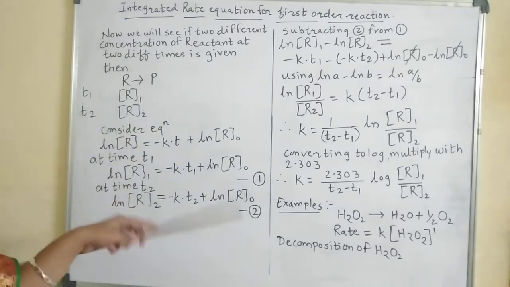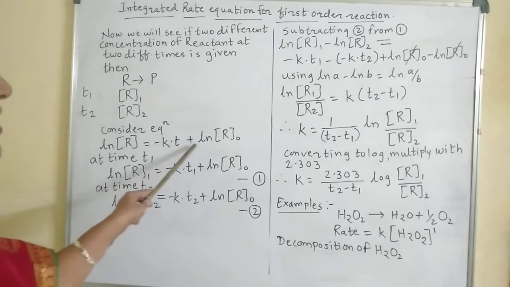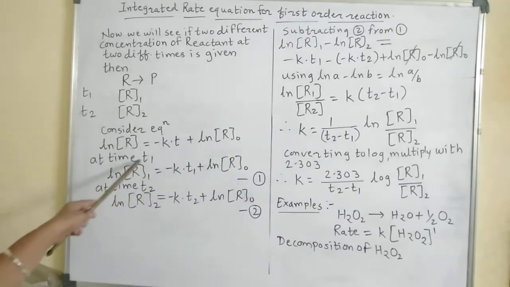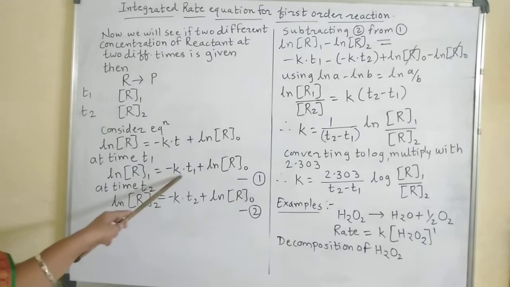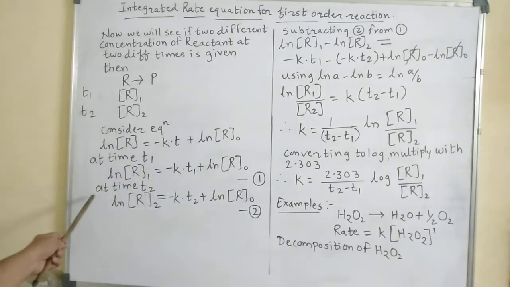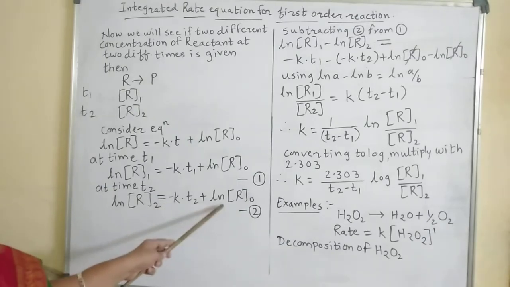So considering this equation, ln of concentration of R is equal to minus K into t plus ln of concentration of R0. At time t1, the equation will become ln of R1 is equal to minus K into t1 plus ln of R0. This will be equation 1. At time t2, ln of R2 is equal to minus K into t2 plus ln of R0.